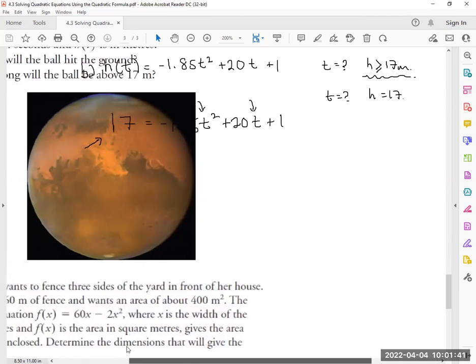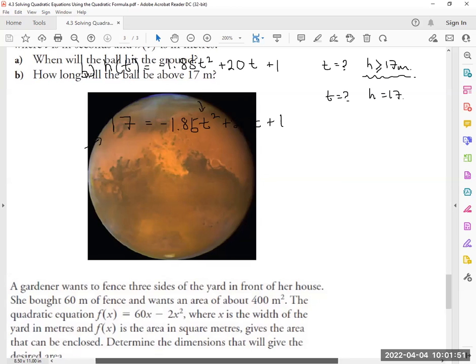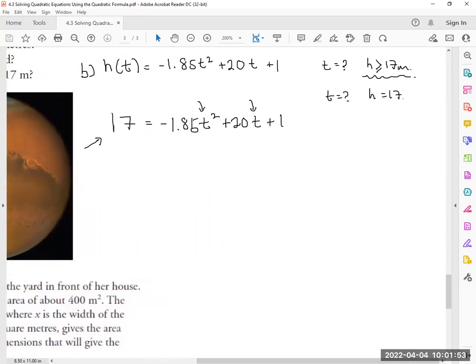Look at the difference between A and B. When will the ball hit the ground? In other words, when is the height 0? How long will the ball be above? When the height is 17. If you want to use the quadratic formula, put a little star there as a note, saying the side must be 0 if you want to use the quadratic formula. Must be 0 every single time.